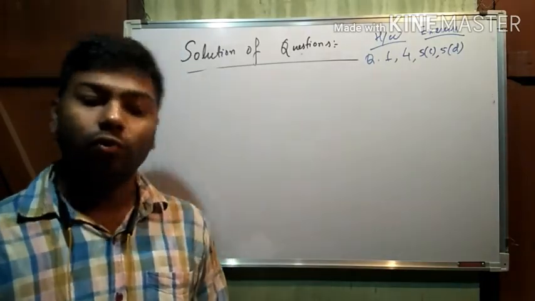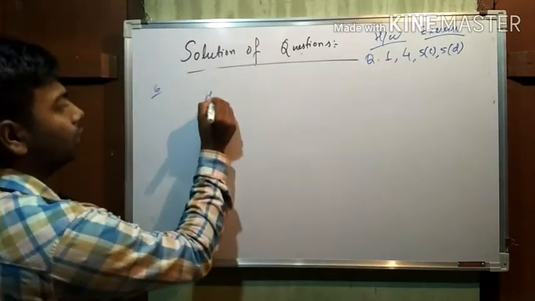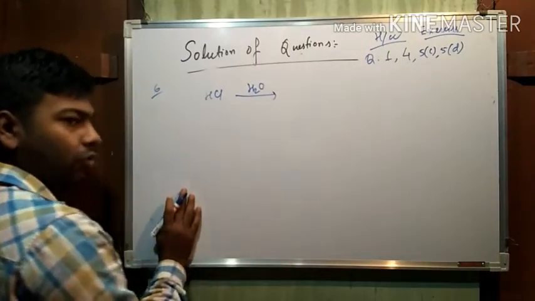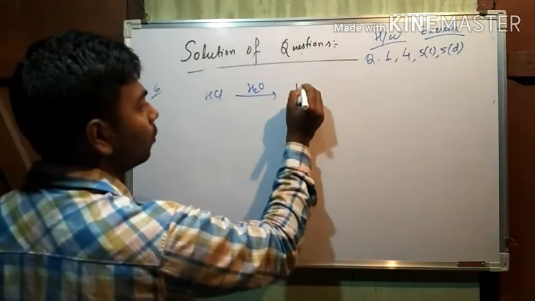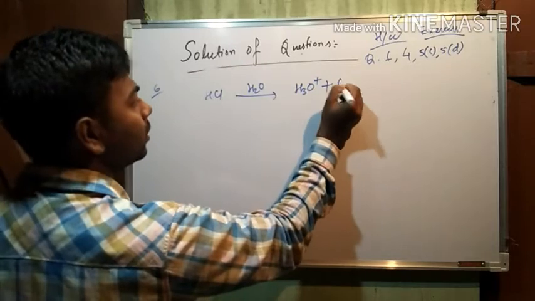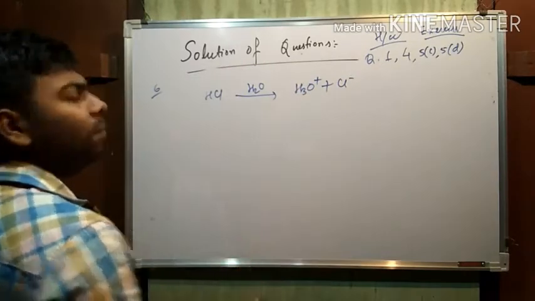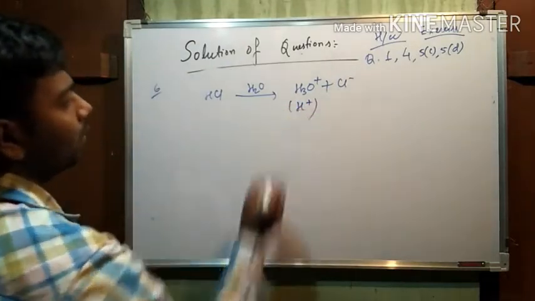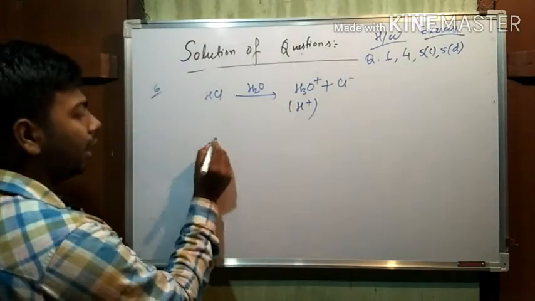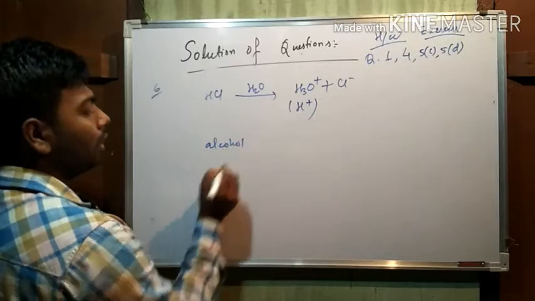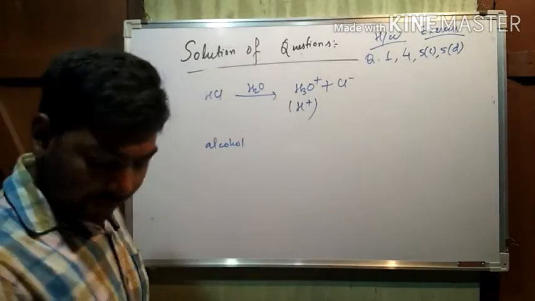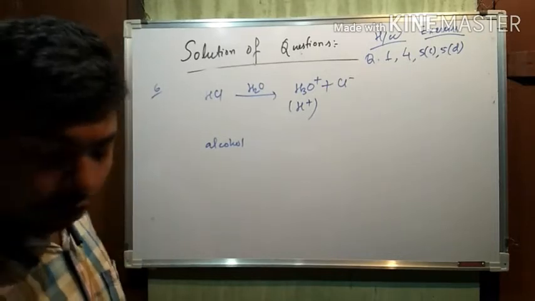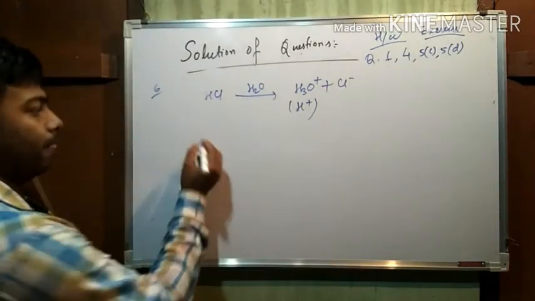Why? HCl, in the presence of water, produces H3O positive plus Cl negative. This H3O positive is nothing but H positive. But here glucose is given, not alcohol.